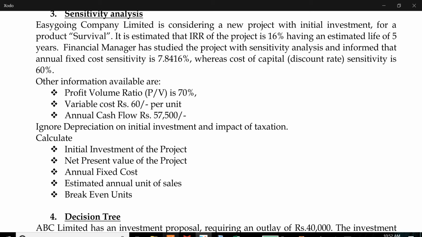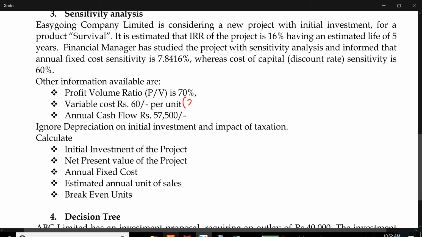Tell me, how do I start this problem? What should be the starting point? We have PV. Okay, so let me write this. This is 30%. Selling price is 200 then. What will I do beyond this?